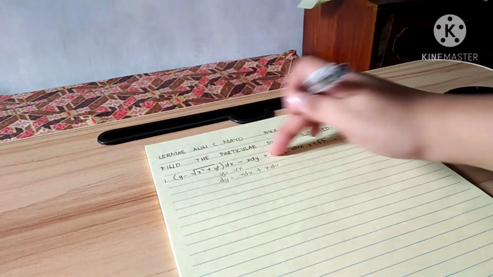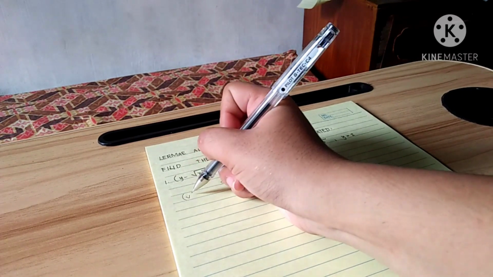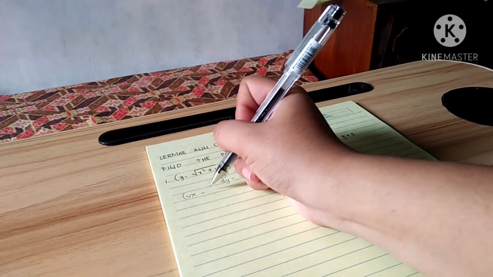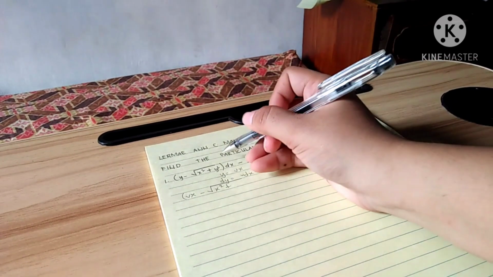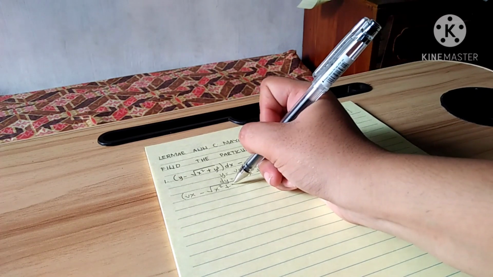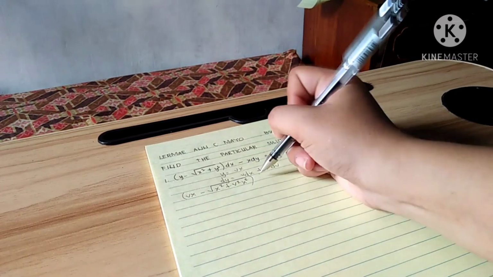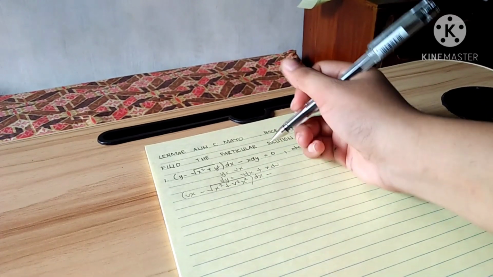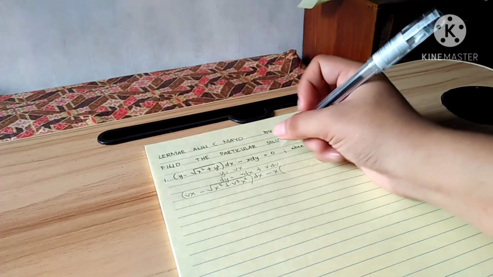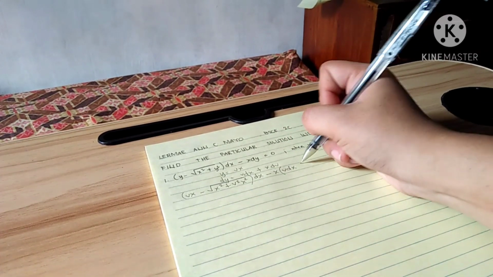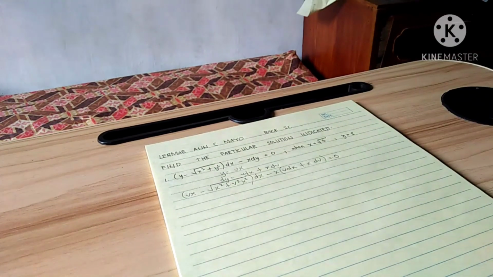Substituting this in our given problem, we have y substituted by vx, minus the square root of x squared plus, since we have y squared in here, we substitute it by v squared x squared, dx minus x, substituting dy by v dx plus x dv, is equal to 0.